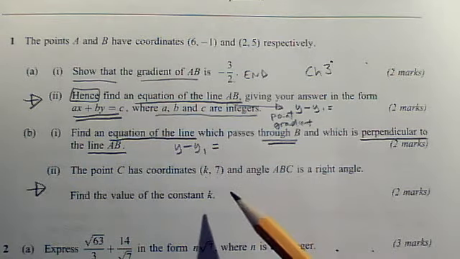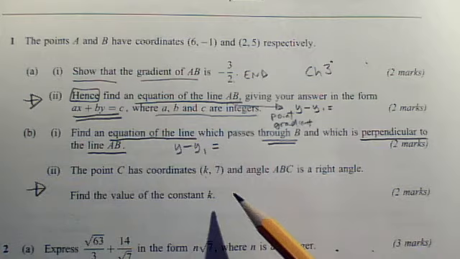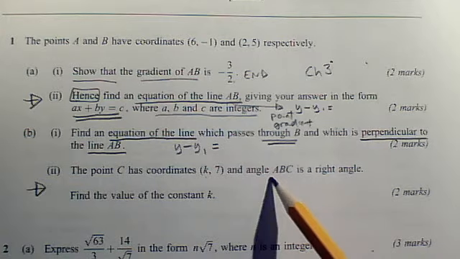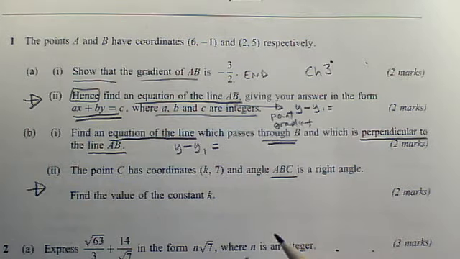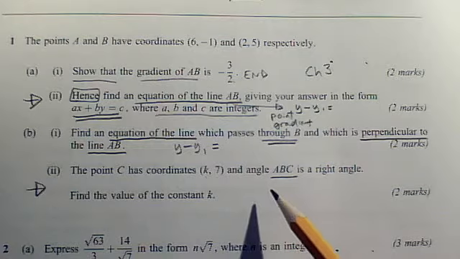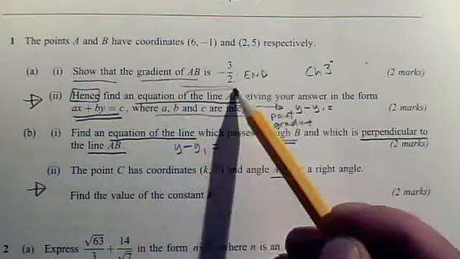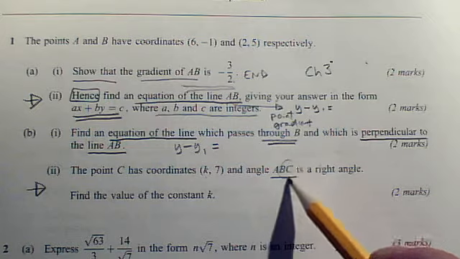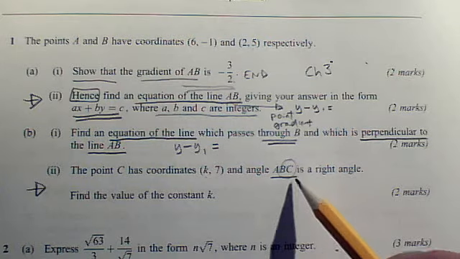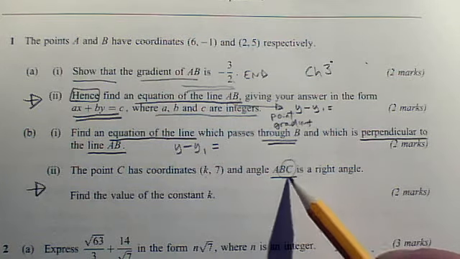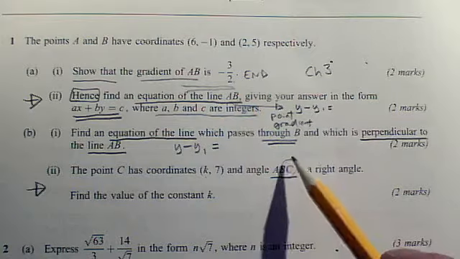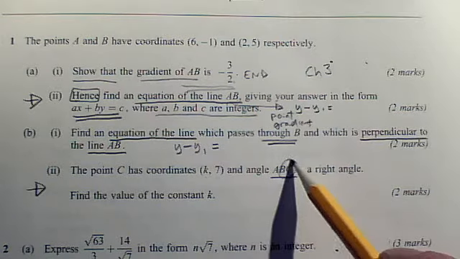For things like this, a diagram is likely to help. ABC is a right angle, so if you're doing this from scratch, you might want to think about the line AB, whose gradient you know, and think about BC. You've already used a perpendicular gradient to that, so that's the gradient we need for BC.